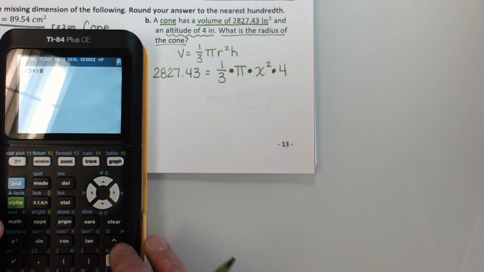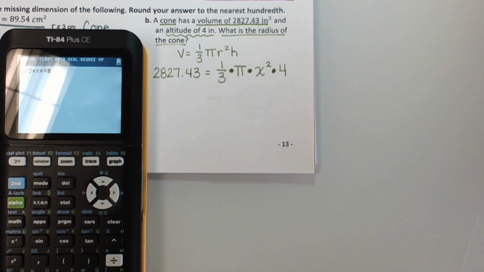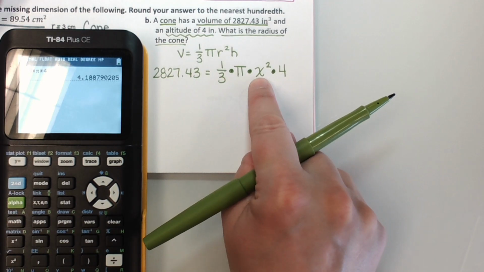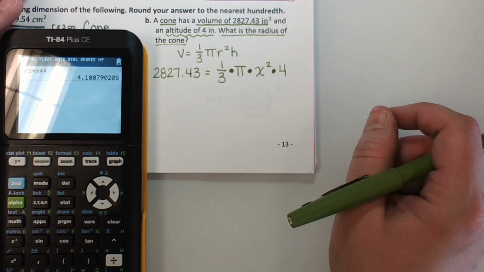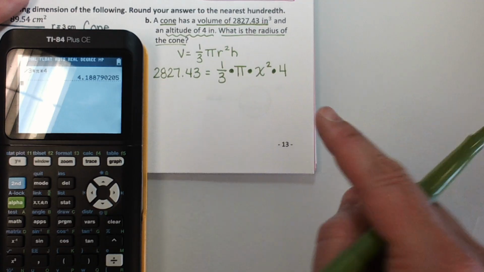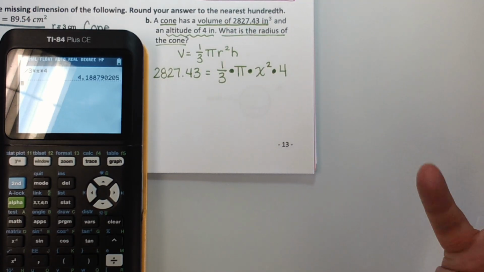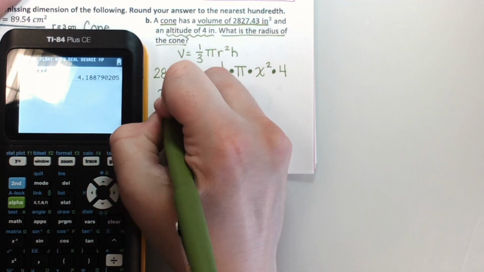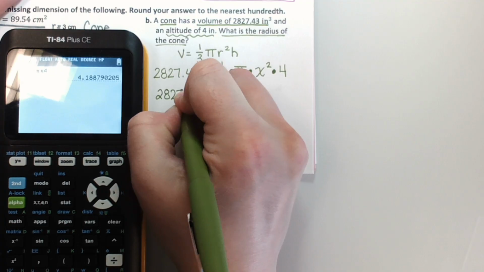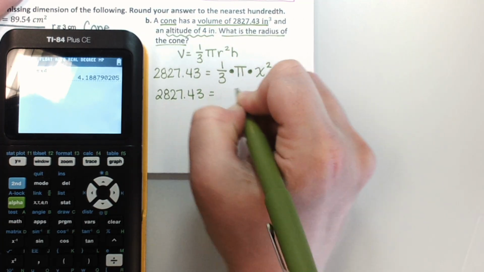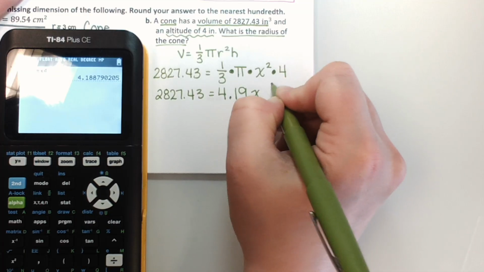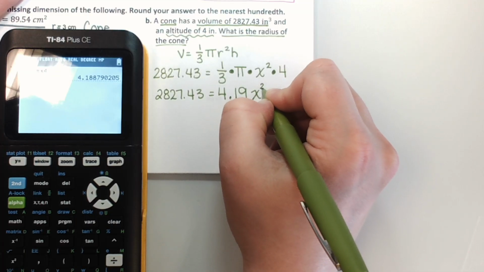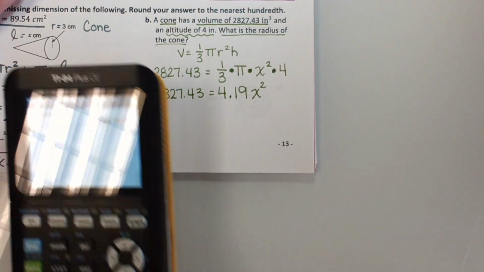When it's all multiply, it all goes together. Take the numbers. Leave the squared alone. For some reason, people all of a sudden are like, well, I need to put that squared on something. It was on the x, not on the numbers. I get 4.19 x squared.